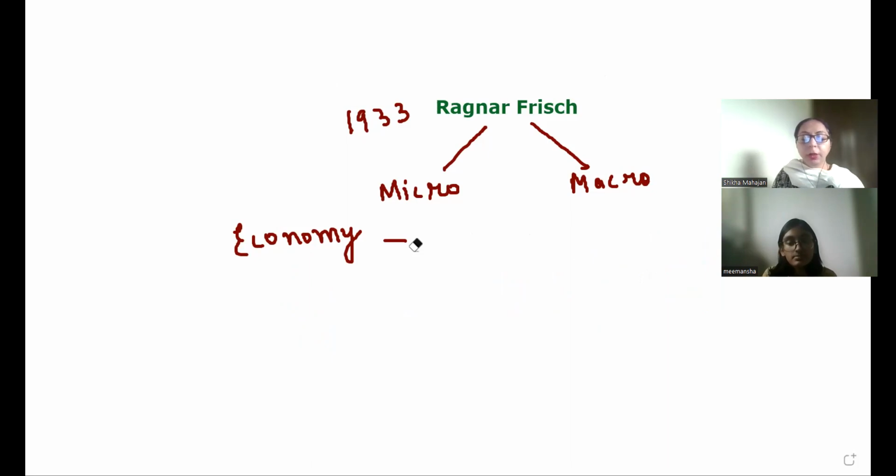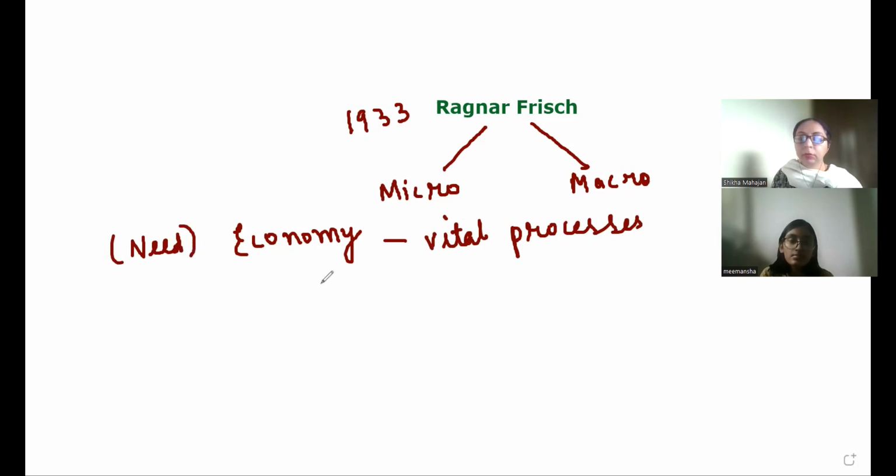So economy has these three functions. Economy is basically a vital process which will run all the other processes. Now, what is the need of the economy? What are the other processes I'm talking about?